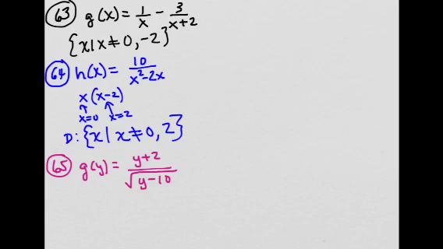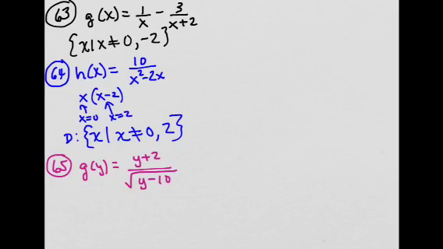Okay, for number 65, you have y, the square root of y minus 10 in the denominator. So you have to make sure, first off, that the denominator does not equal 0, and secondly, that this number in here is greater than 0. Normally, you would say greater than or equal to 0, but because it's in the denominator, we just have to make sure that this here is greater than 0.